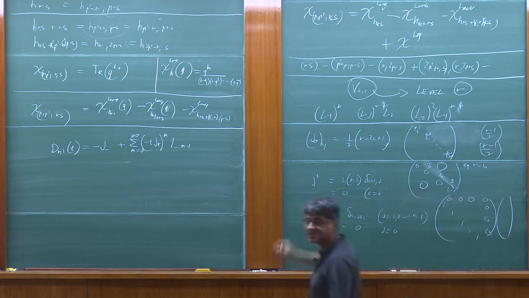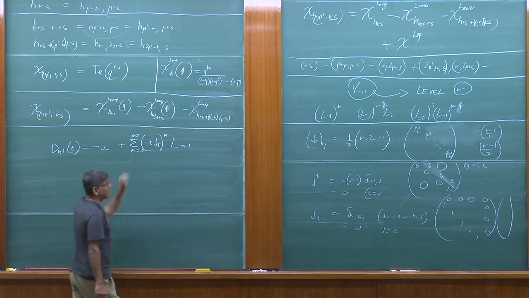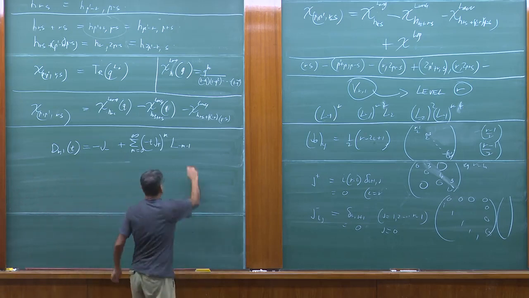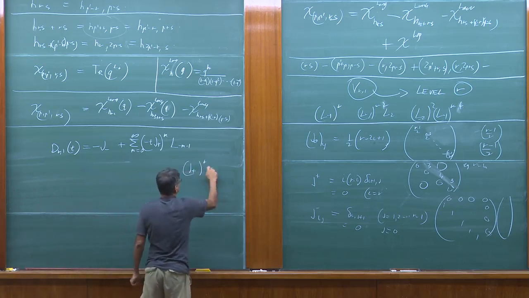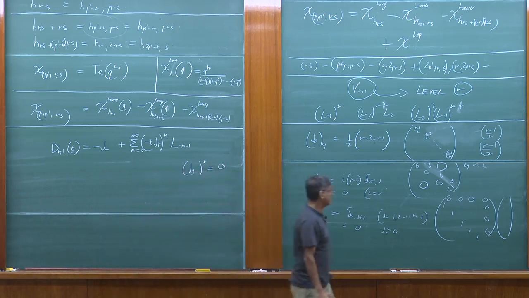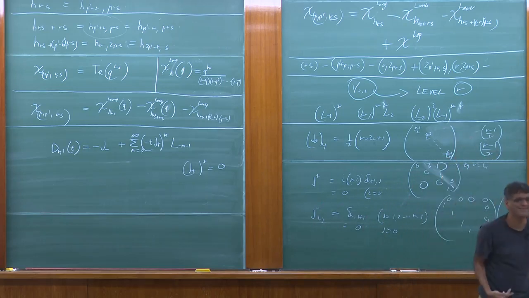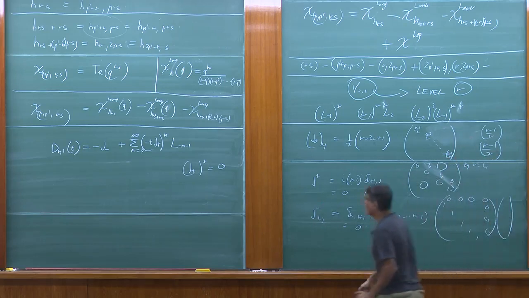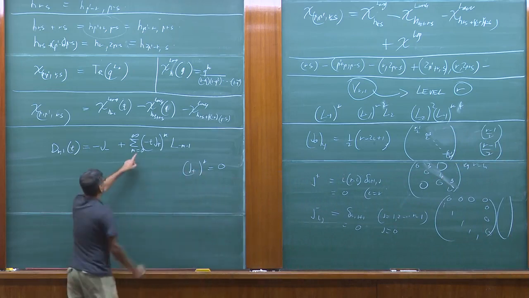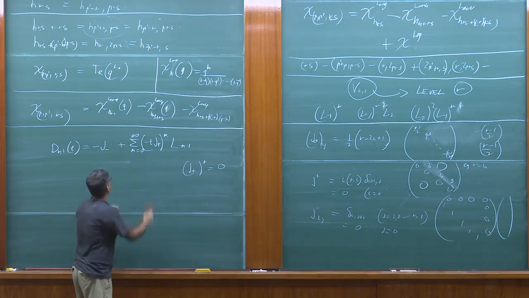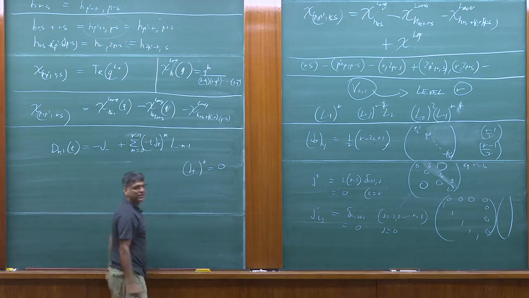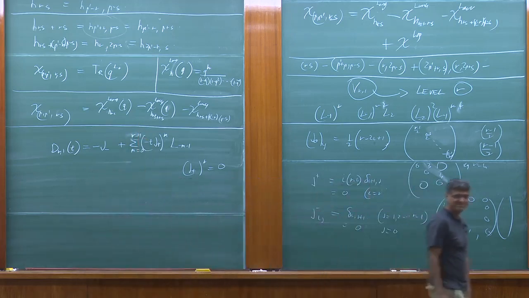Now, this looks like an infinite operator because of the sum m equal to 0 to infinity. But clearly, J plus to the power R is equal to 0 because J plus raises. You keep raising, and finally there's nowhere further to go. So though the sum is written m equal to 0 to infinity, we can replace this by R minus 1, because J plus to the power R is 0.